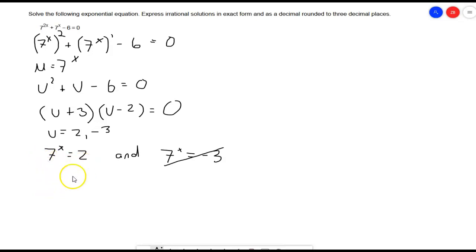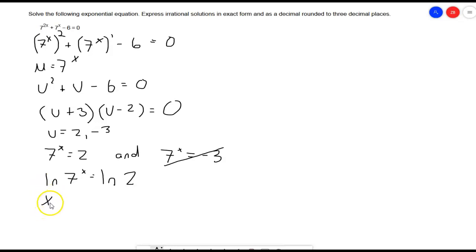So when I have a variable in my exponent, a very common remedy is to take the natural log or the regular log, either one, of both sides. So the natural log of 7 raised to the x is equal to the natural log of 2. I just took the natural log of both sides. Now remember, using rules of exponents in logarithmic functions, I can move the exponent out to the front.